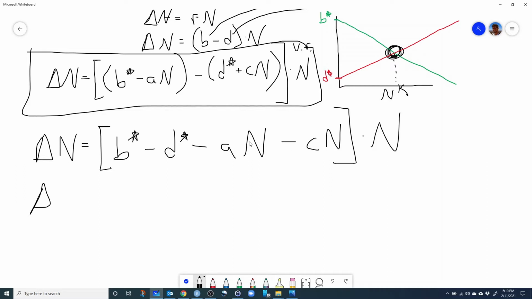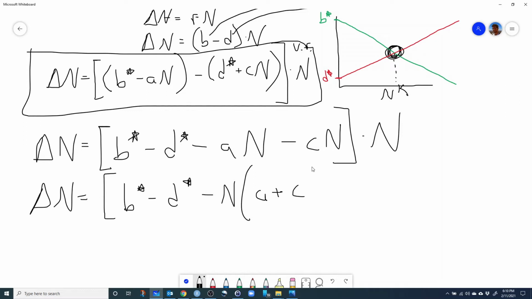So then we just have this is n times a plus c. Well, let me show you. It'll make more sense here. So delta n is equal to, and we can write this out as, b star minus d star minus n times a plus c.